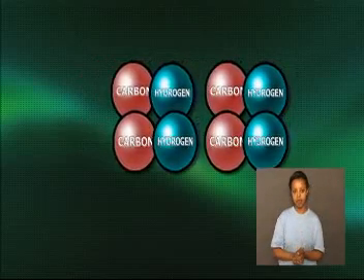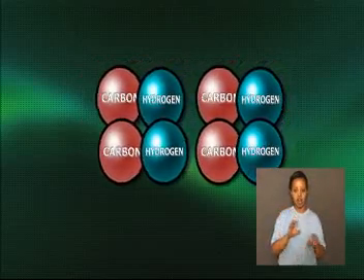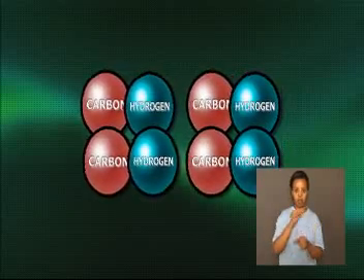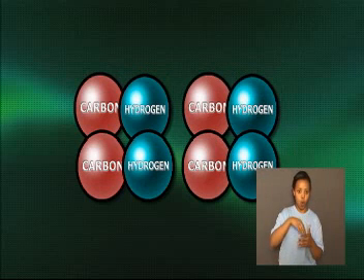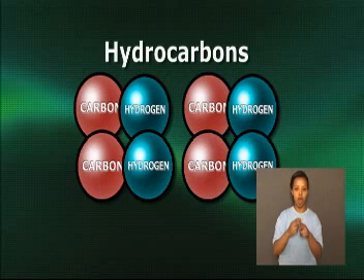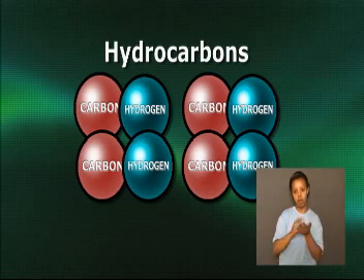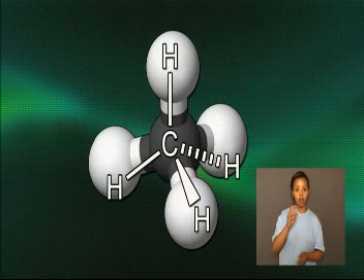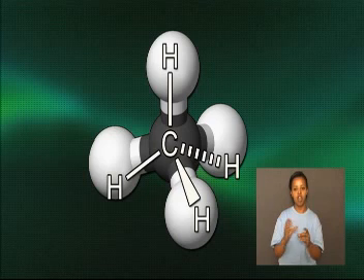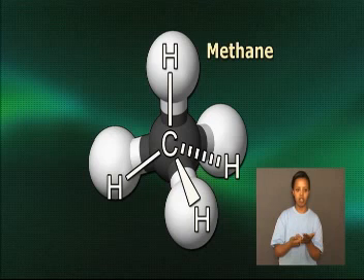A molecule composed of carbon atoms and hydrogen atoms with no other elements involved is called a hydrocarbon. Hydrocarbons are very common and familiar organic compounds. Gasoline is a hydrocarbon, as well as methane, ethane, propane, and butane.